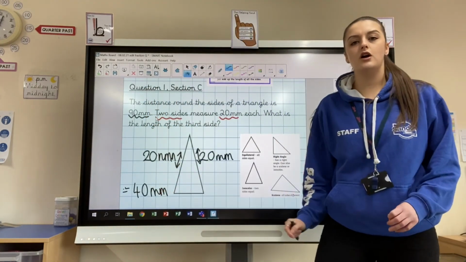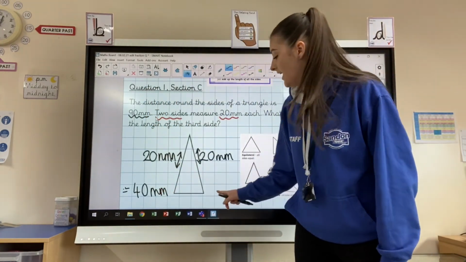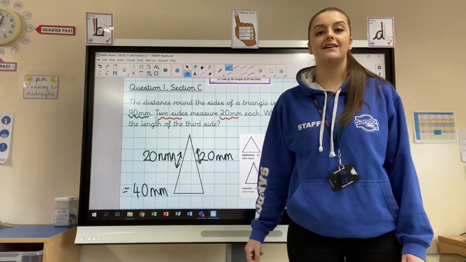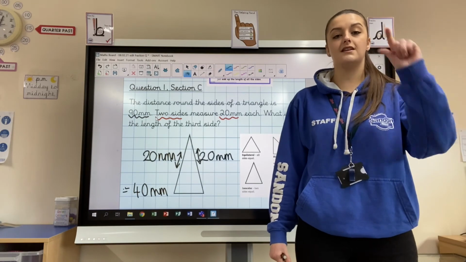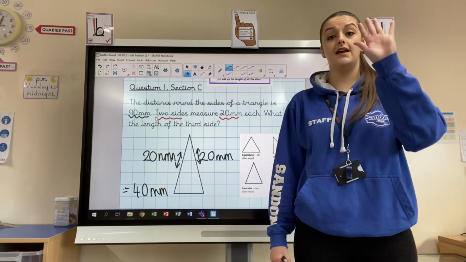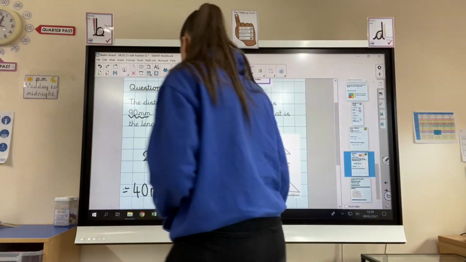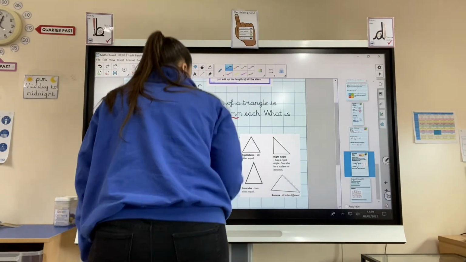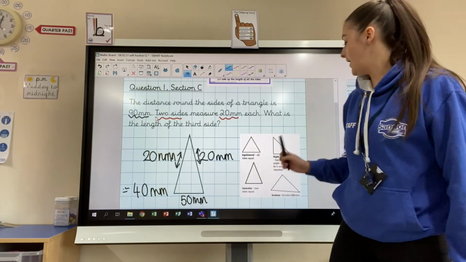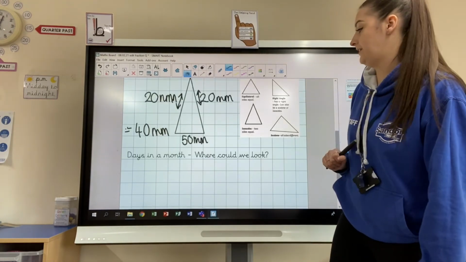So let's count on from 40 to 90 to see the measurement of the last side. So 40, let's count in our tens, 50, 60, 70, 80, 90. That's 50 millimetres, the last side measures, okay? So read that question really carefully.